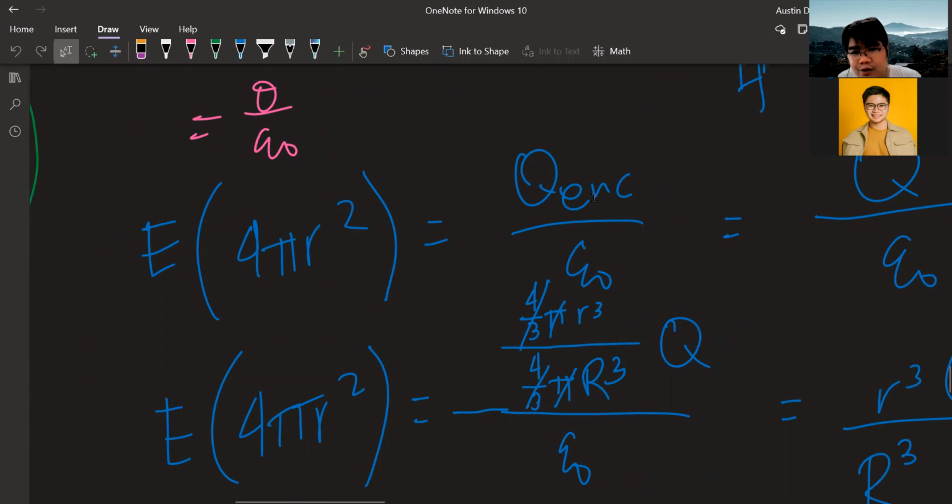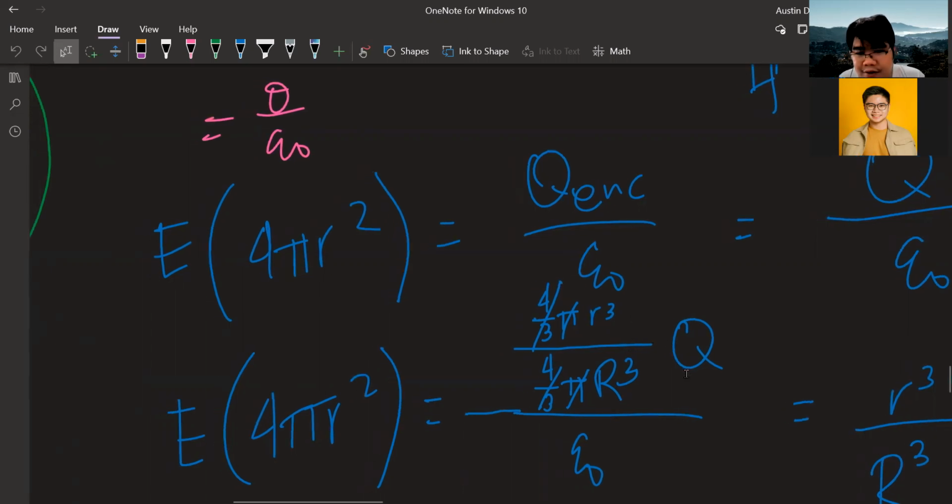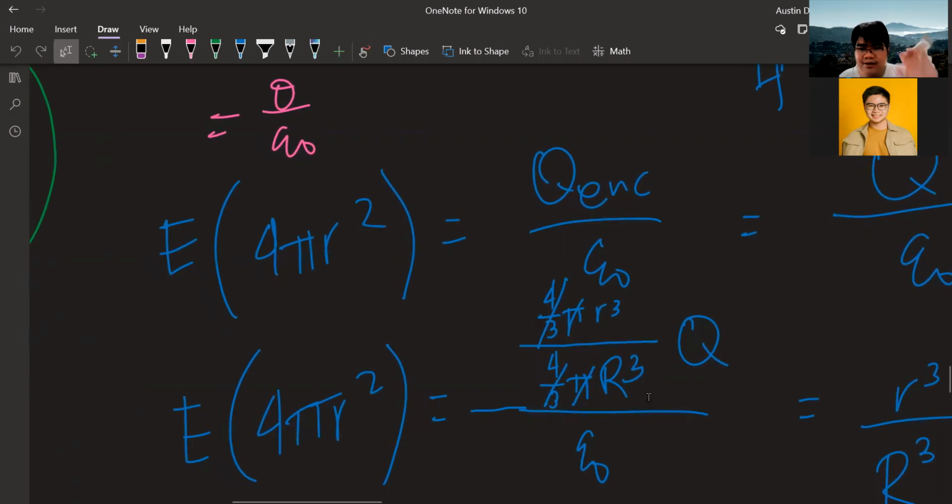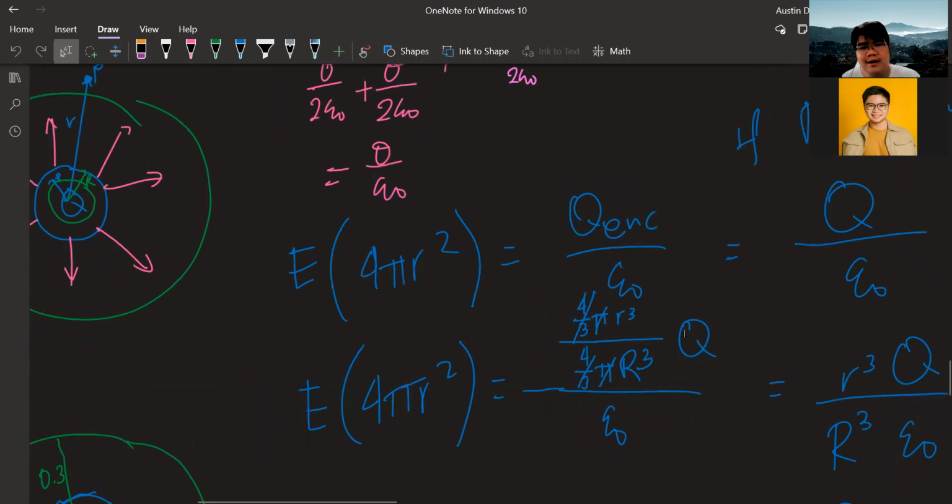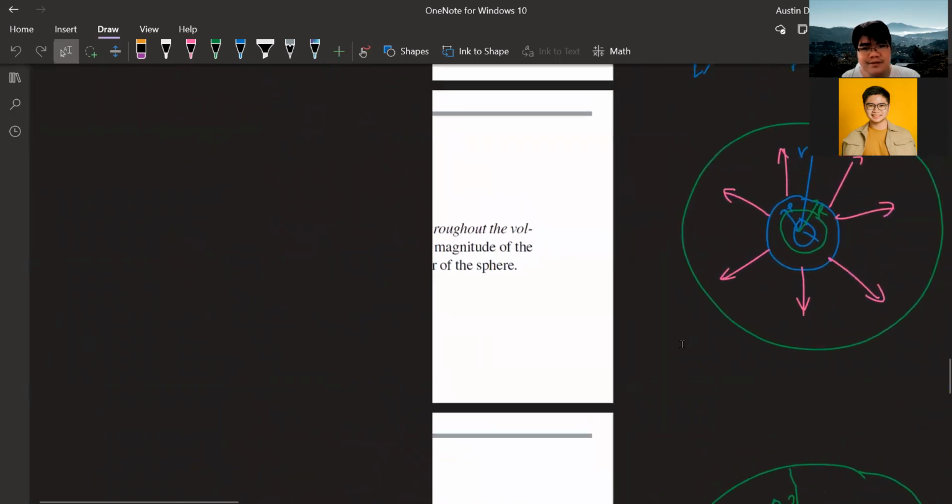Kukunin mo yung percent volume, that would be simply dividing the partial volume over the total volume times the total charge Q. So yun yung implication nun. However, if you're working with conductors, nasa outside surface lang yung mga charges mo.